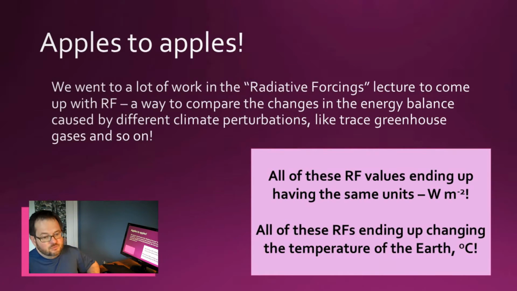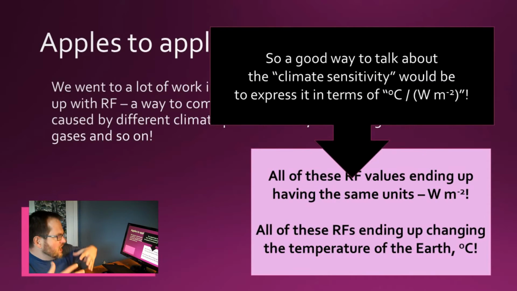All of these radiative forcings themselves result in a change in the global mean temperature of the Earth in units of degrees Celsius. So a good way to describe the climate sensitivity we're trying to come up with is going to have units of degrees Celsius per watt per square meter.